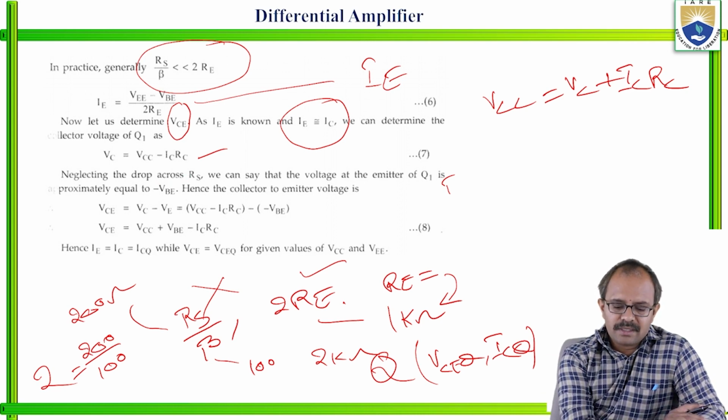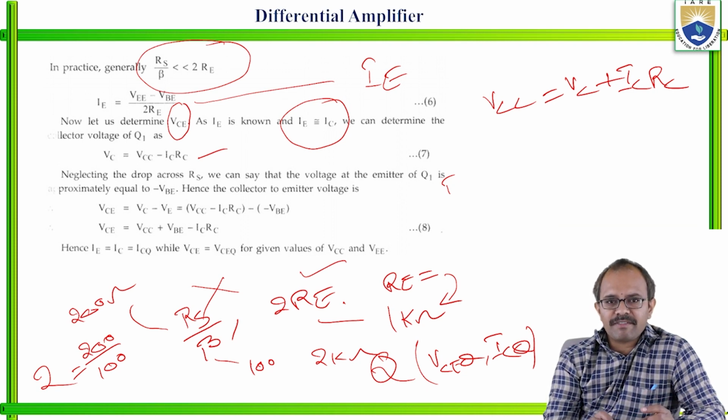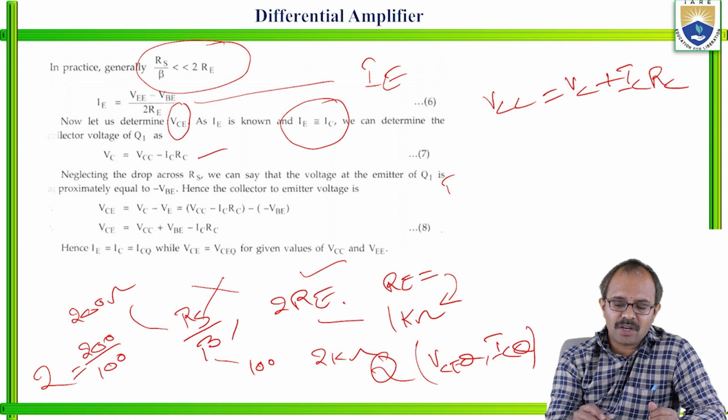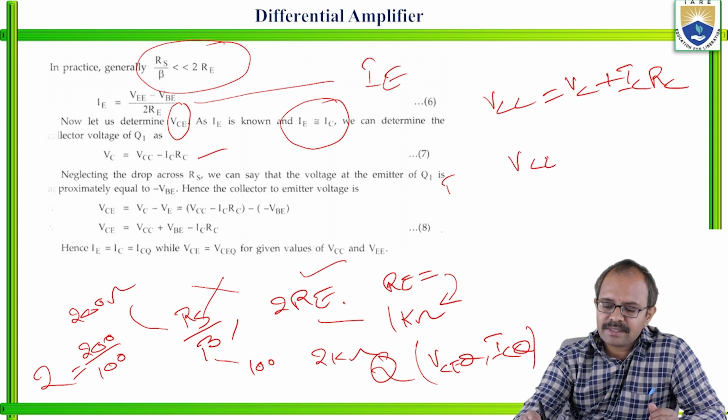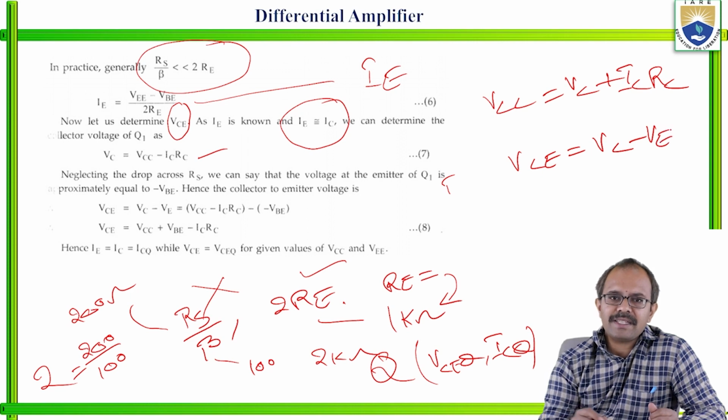Now you can find the expression for VCE. What is VCE? VCE can be written as VC minus VE.